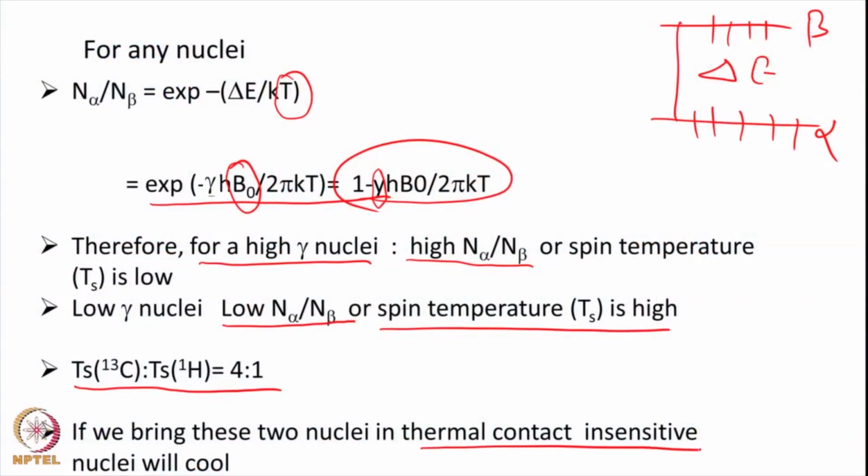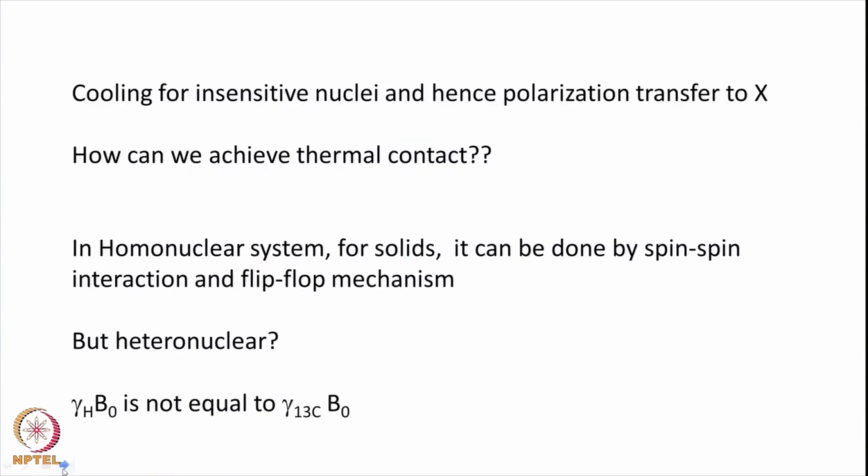If we bring these two nuclei in thermal contact, the insensitive nuclei will cool, and if they cool, their sensitivity can be enhanced. This is what we want to achieve: to cool the spin temperature of insensitive nuclei by putting them in thermal contact with low spin temperature nuclei such as proton. So, how can we achieve that?